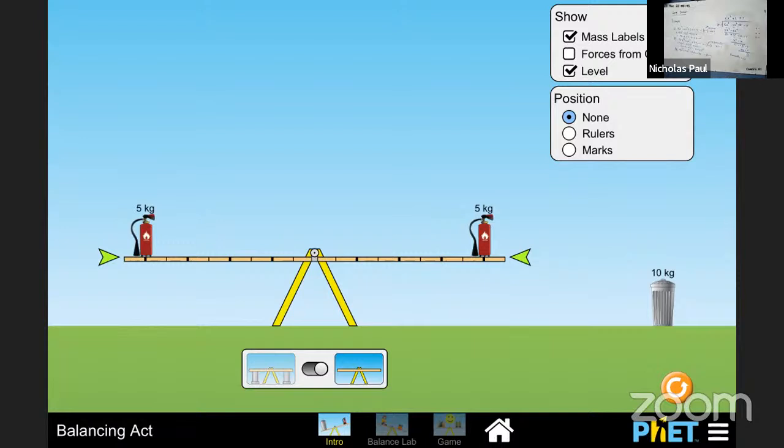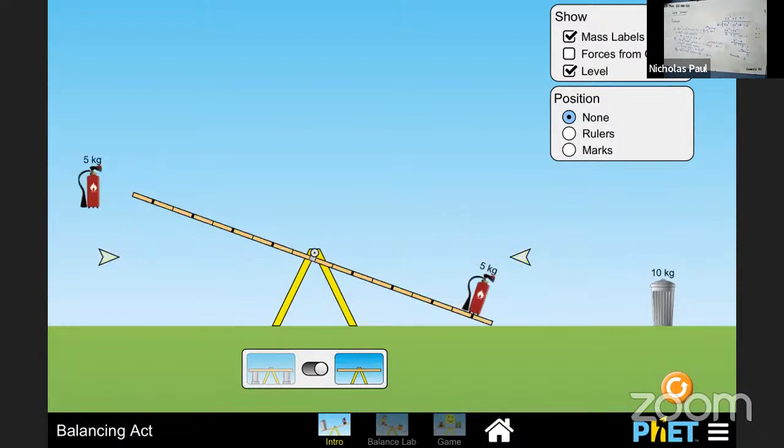Right, yes, he said because the weight on both sides is equal. Are we looking for something else as well? I'm going to show you this. If I were to remove the mass, what direction did it turn? Clockwise or anti-clockwise? Clockwise.